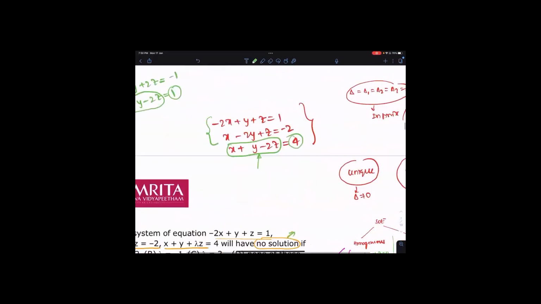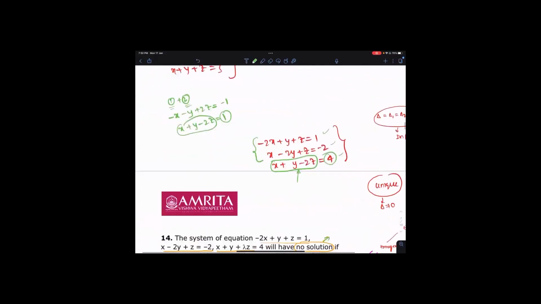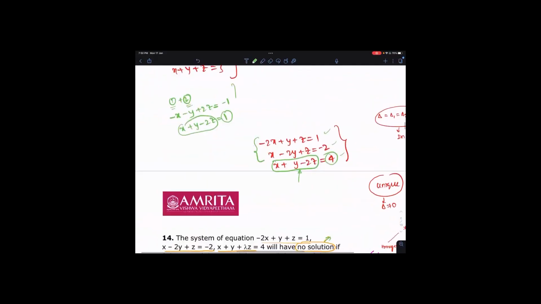Substitute it in the question wherever lambda is there, and you will get three complete equations. Now using the first and second, or second and third, whatever it may be, try to get the left-hand side of the third equation. You will get it easily. Then see, using the first and second equation, are you getting the third equation completely or not?